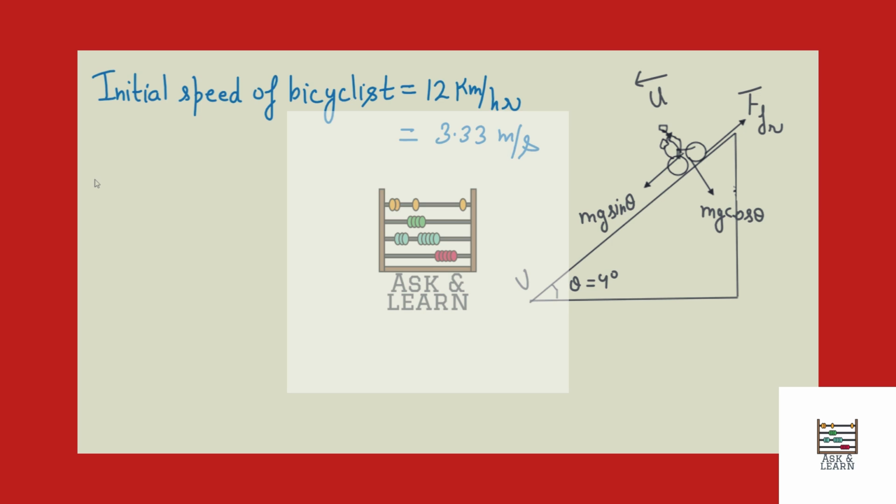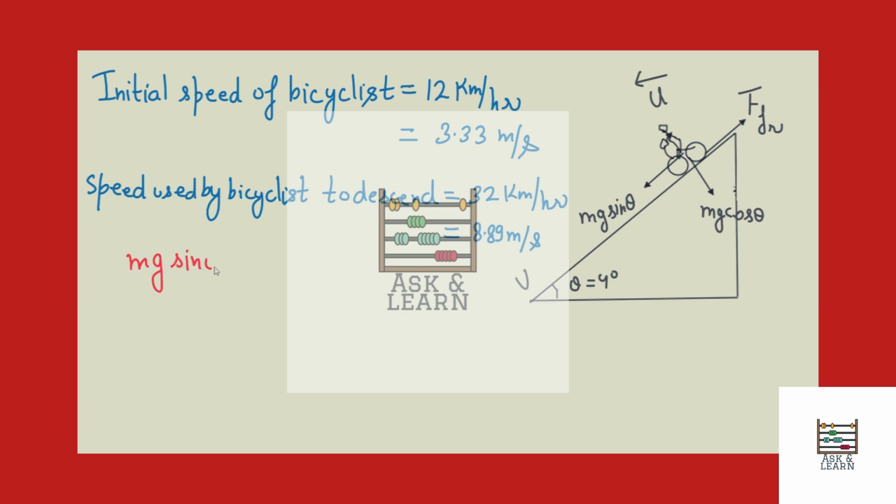And we have speed used by bicyclist to descend equals 32 kilometer per hour, which can be written as 8.89 meter per second.